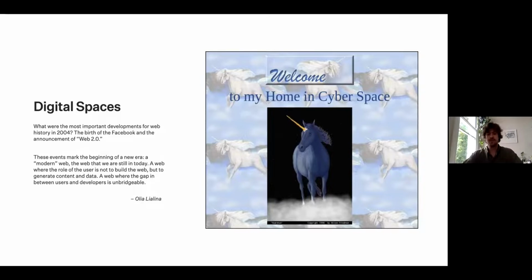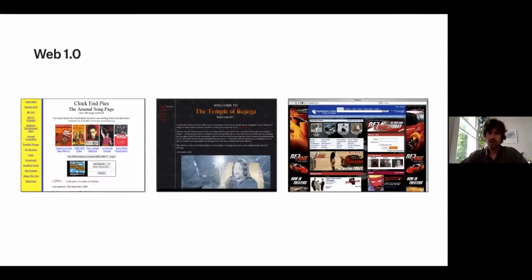I was interested in exploring this gap between earlier technologies which invited communities to participate and to build spaces, these Web 1.0 technologies, as they're called, like places like GeoCities, even early social media sites like MySpace, which just allowed you a lot more room to develop your own space and decide how it would be used.